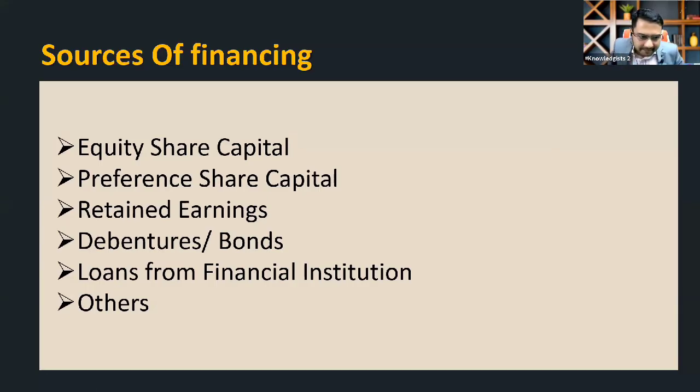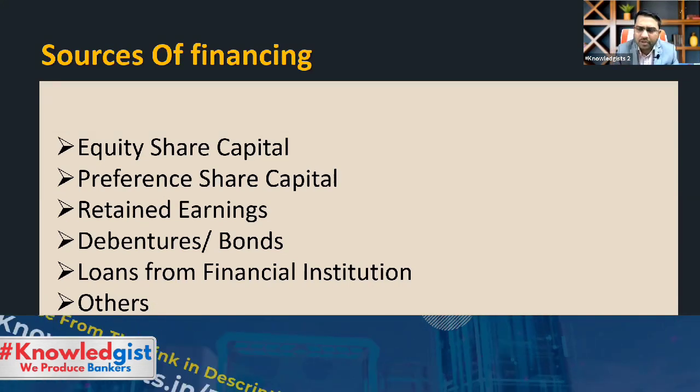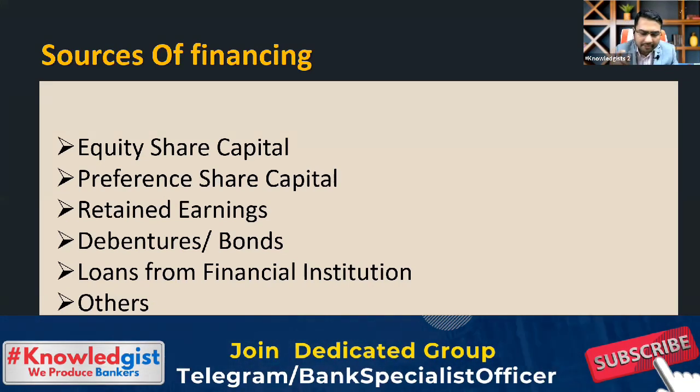So, sources of financing. There are a few sources of financing which we need to discuss tonight: equity share capital, preference share capital, retained earnings, debentures or bonds, loans from financial institutions including banks, and other types of financing.